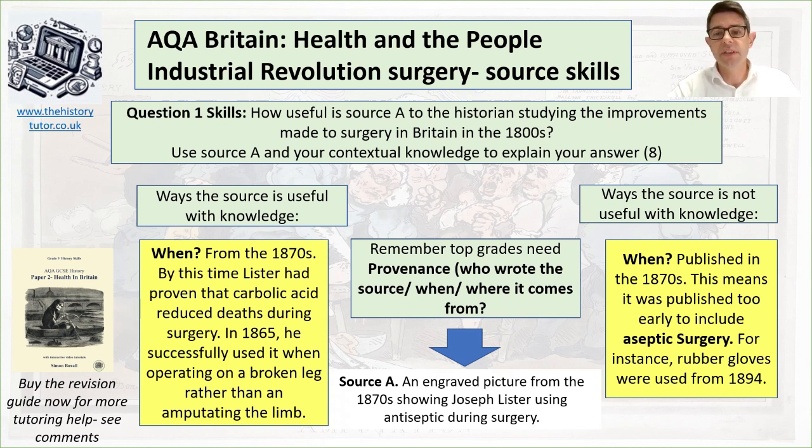Obviously published in 1870. This means it was published too early to include aseptic surgery. Rubber gloves, for instance, weren't developed until 1894. We know Koch had not proven that germs cause disease until late 1870s and 1880s, with people identifying bacteria and really rejecting old theories like spontaneous generation. So we've got lots of potential provenance to use.